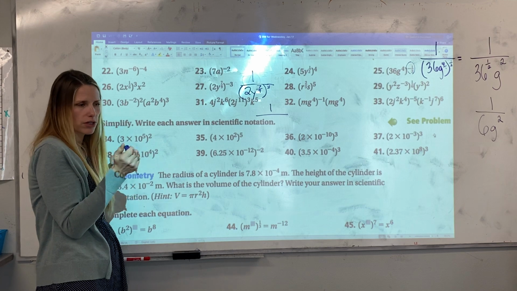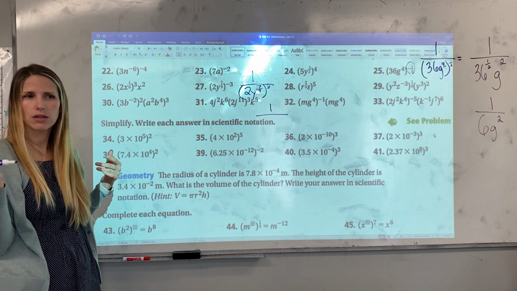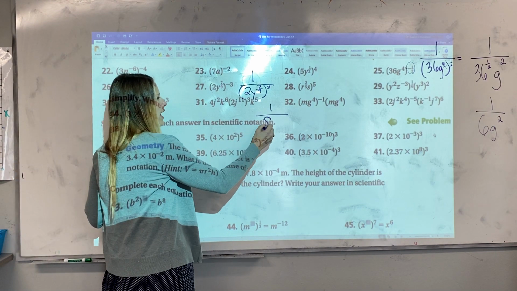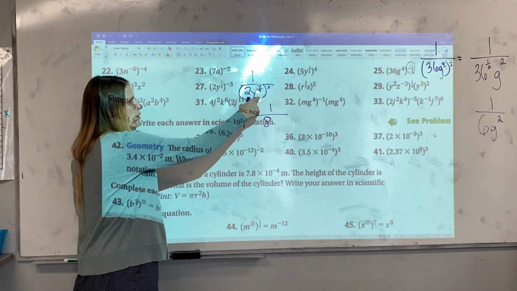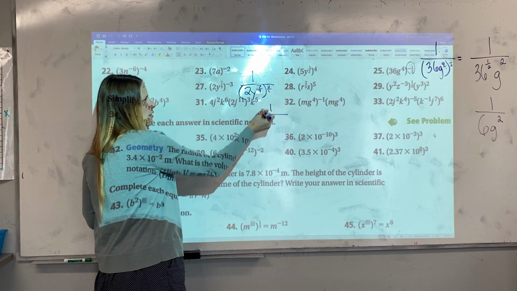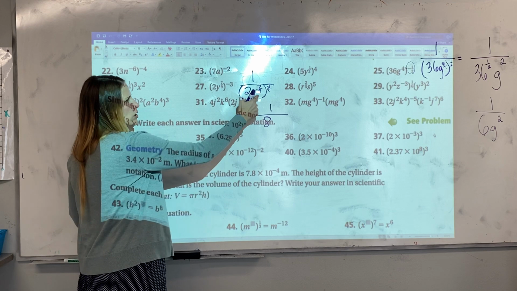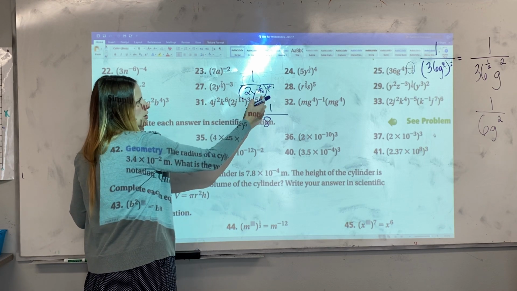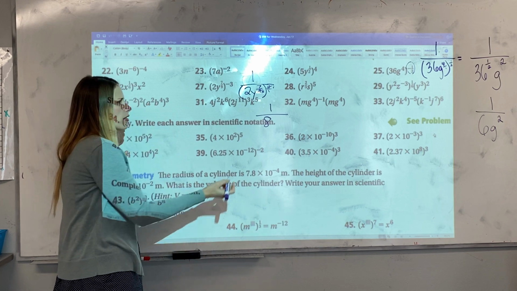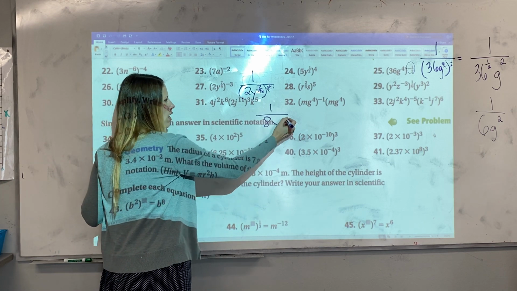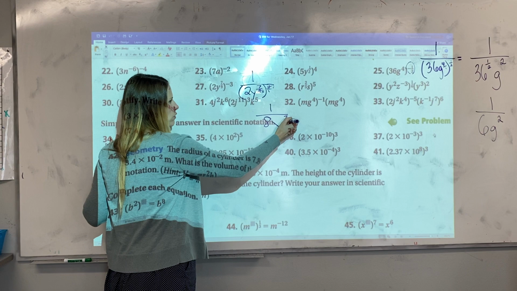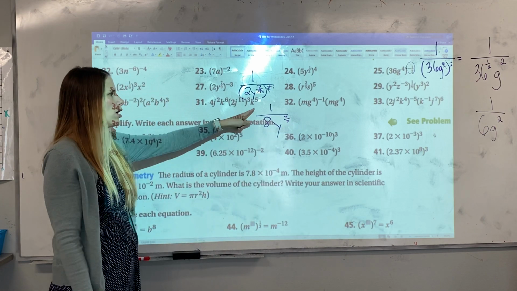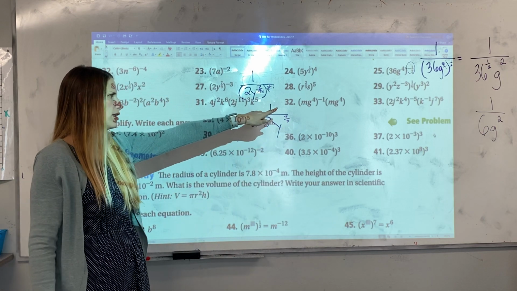You can use your calculator if you need to, but it's 2 times 2 times 2, which is 8, very good. And then what do we do with our exponents here? I'm going to reduce, because I have 3 over 9, which reduces to 1/3. So I have 7 over 3. 1 over 8y to the 7/3 power.